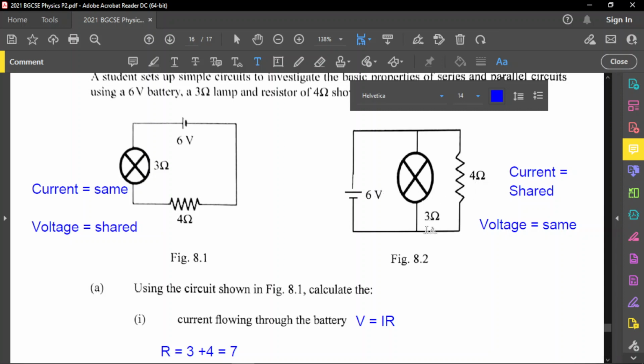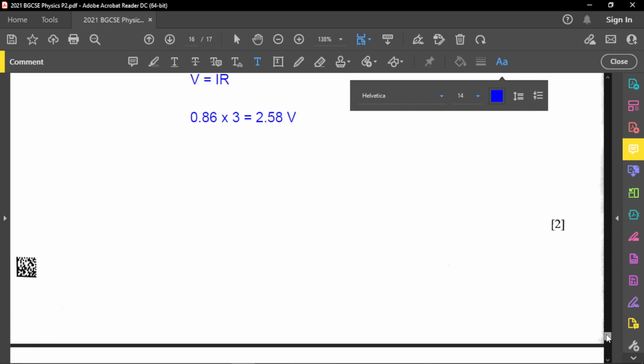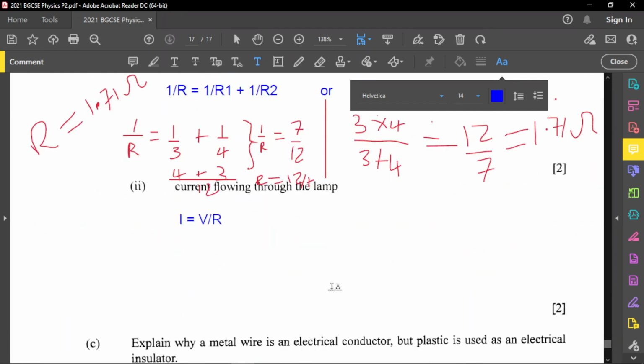So for the current, we're going to use the 3 ohms, which is our lamp. Our voltage is 6, and our resistance of the lamp is 3. Therefore, the current going through that is going to be 2 amperes.